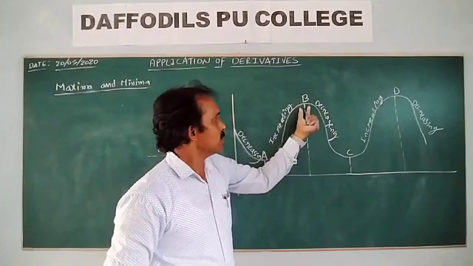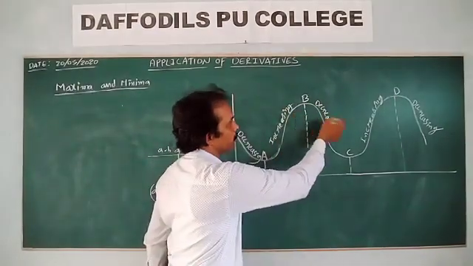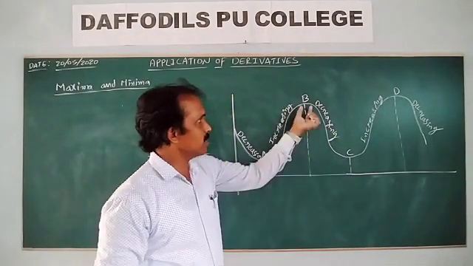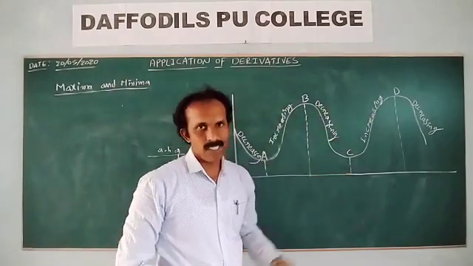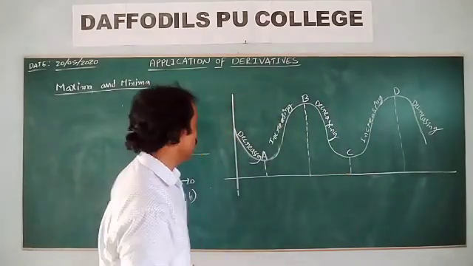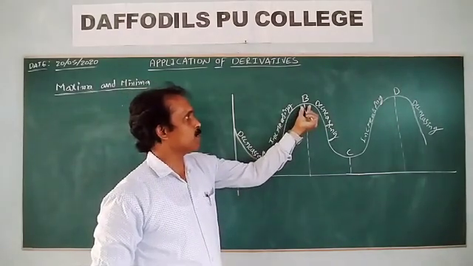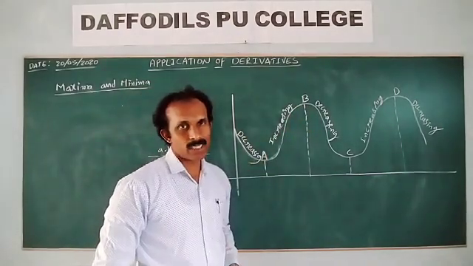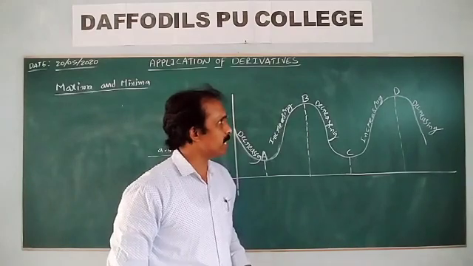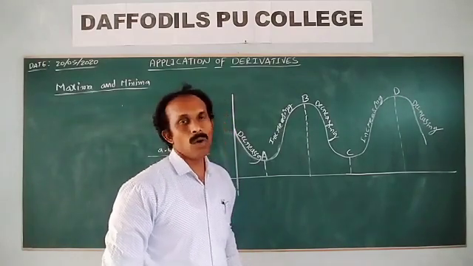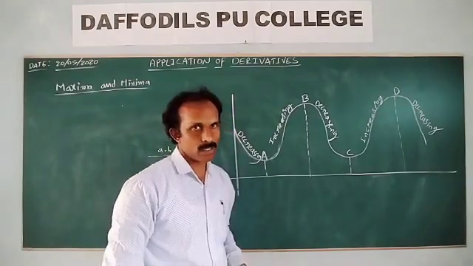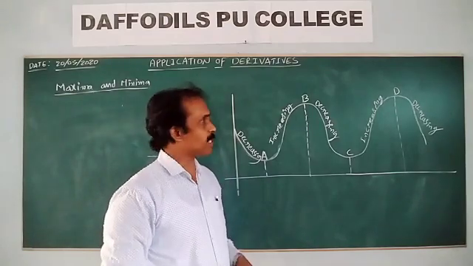Similarly, B and D are regarded as little hills. Here also, with respect to their respective neighborhood interval points, B and D are called local maximum values. Why local maximum values?